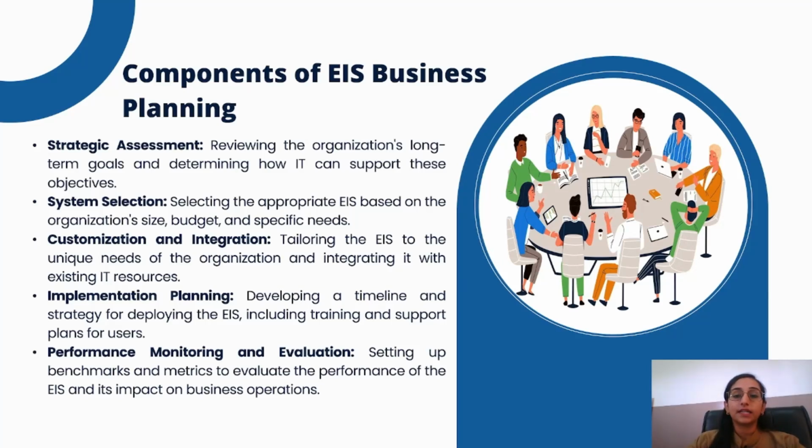This ensures that the EIS remains aligned with business needs and continues to deliver optimal performance. Engage users and stakeholders in the feedback process to ensure that the system meets their needs and any issues are promptly addressed. Here are some challenges and best practices.